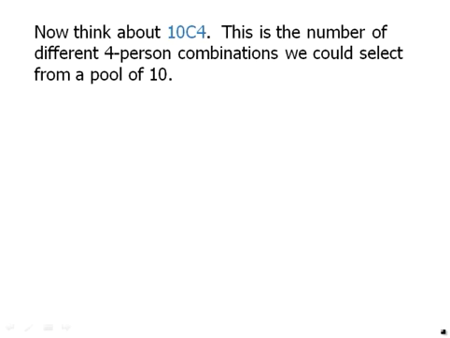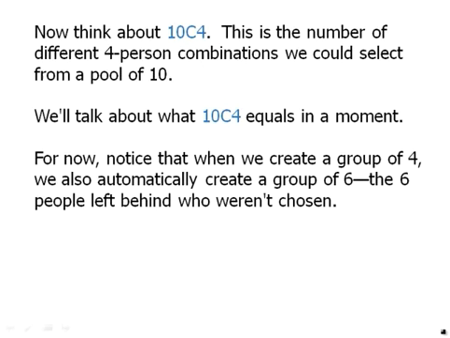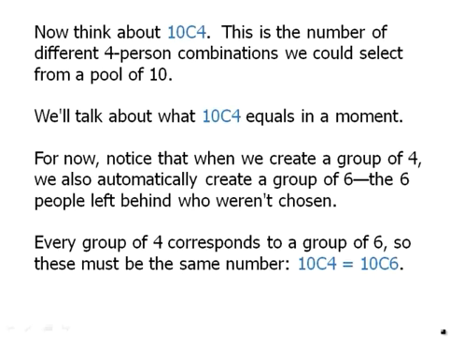Now think about 10 choose 4. This is the number of different 4-person combinations we could select from a pool of 10. We'll talk about what 10 choose 4 equals in a minute. For now, notice that when we create a group of 4, we also automatically create a group of 6, the 6 people left behind who weren't chosen. Every group of 4 corresponds to a group of 6, so there must be the same number of them.